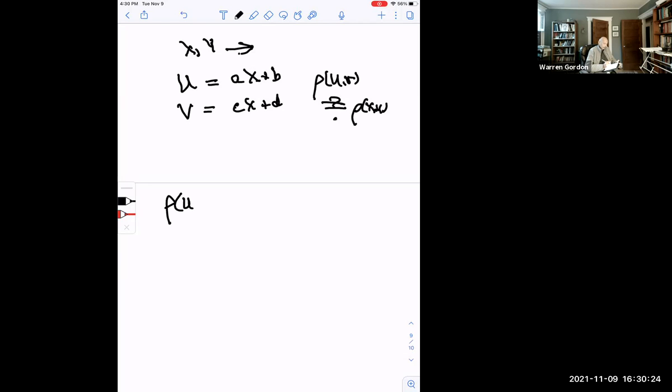Rho, the correlation between u and v, is the covariance of u and v divided by the square root of the variance of u times the variance of v.